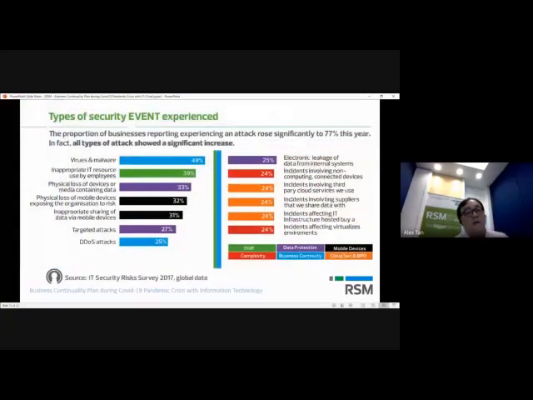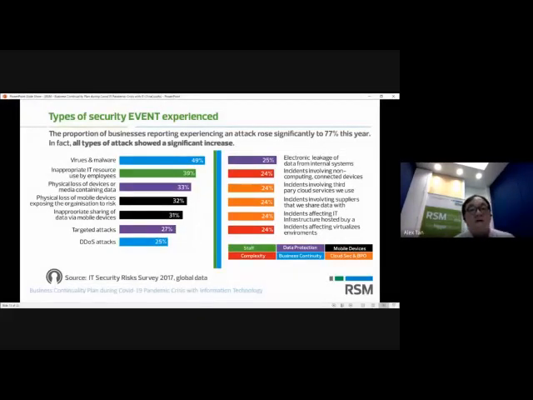The next slide will tell you about the types of security event experience. Types of security events experienced, based on the survey done by IT Security Risk Surveys back in the year 2017. This report shows the types of attacks, from malware attacks to IT misconduct by individual users.